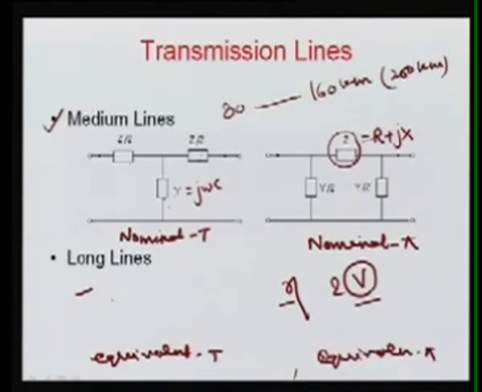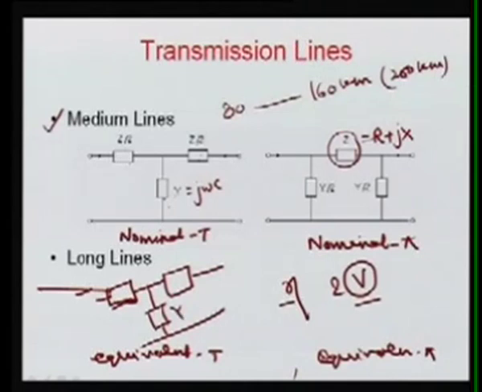Here it is similar, like T and this Y. Here I cannot write this as omega C; it is a different parameter in terms of hyperbolic functions. So this is Y prime, here Z prime by 2, here Z prime by 2.